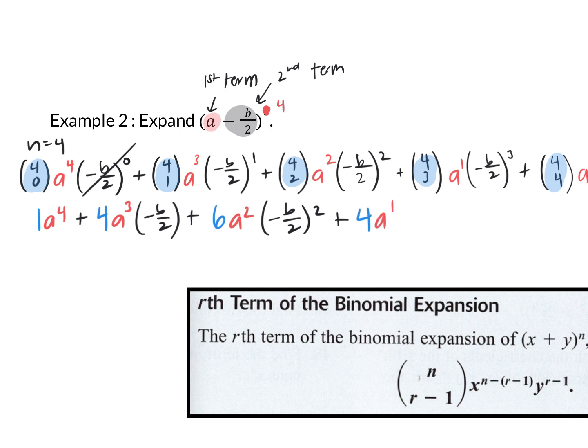A to the first power, and negative b over 2 to the third power. And then 4 choose 4 would give me 1. A to the 0, so I don't need to write that one, but I do need to write negative b over 2 to the fourth power.